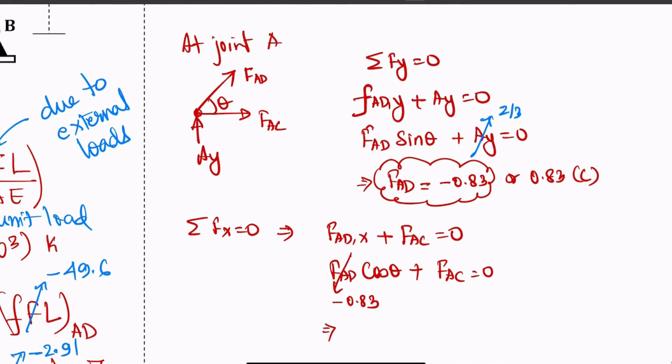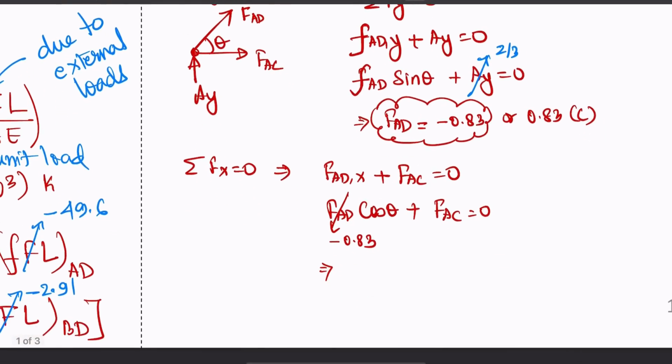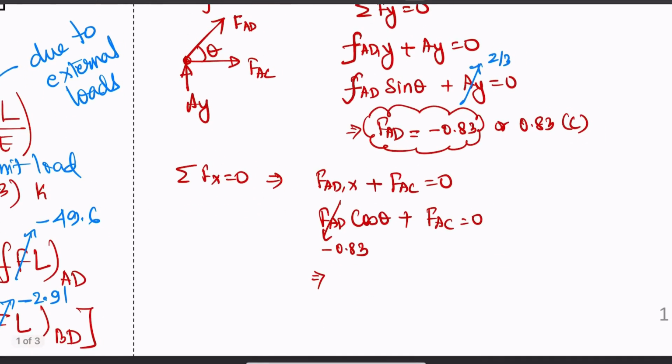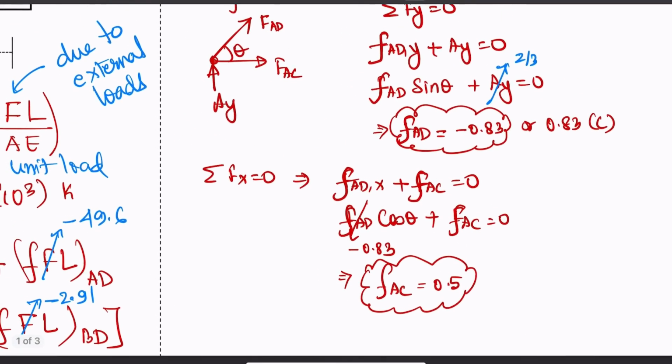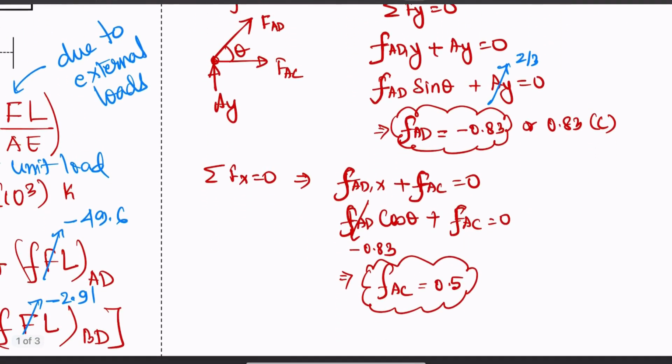Okay, so please don't make the same mistake. These are all the virtual load or unit load method, so all of these are small letter f. So you'll find that your FAC will be equal to 0.5. Okay, so that is your FAC.